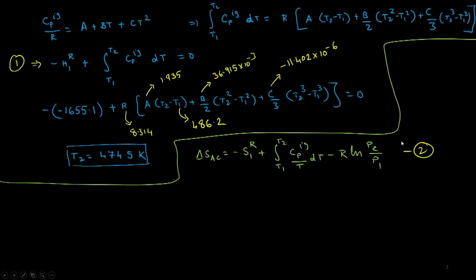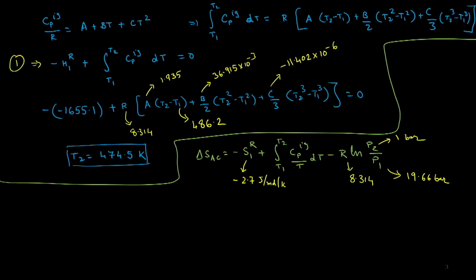So I'm going to use this equation 2 and write everything in that equation. Let's first see what quantities I know. S1R was negative 2.7 joules per mole per Kelvin. R, of course, is 8.314. P2 is 1 bar. P1 is 19.66 bar, right?